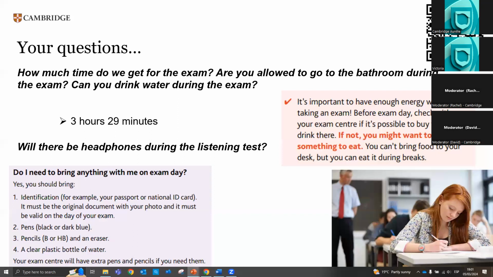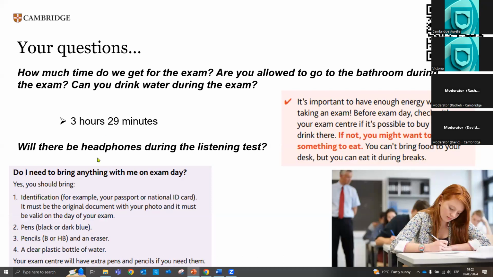You are allowed to go to the toilet, of course, during breaks and during the exam. An invigilator will need to accompany you to the bathroom door, and the time that you use is time that you will not be able to use for the exam.